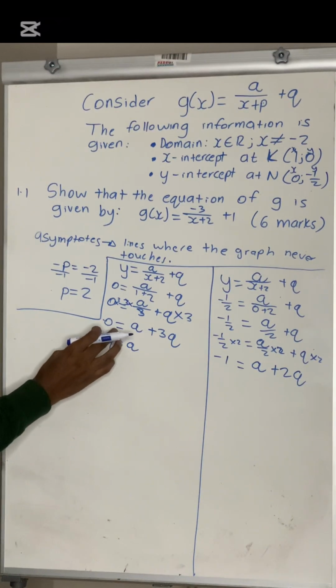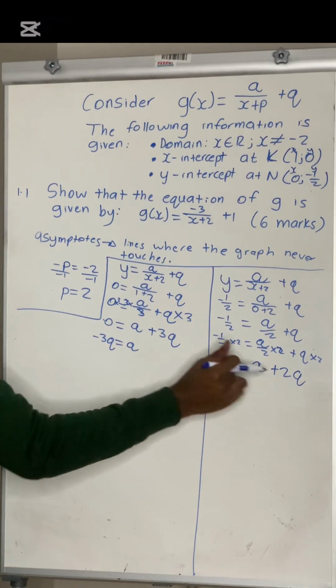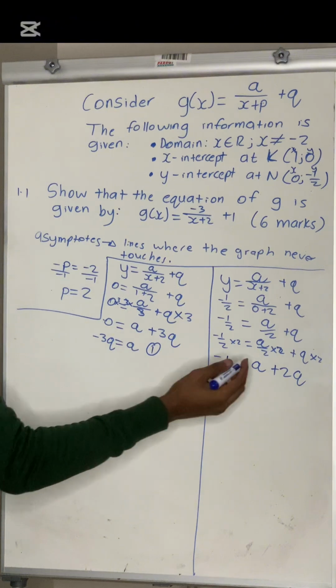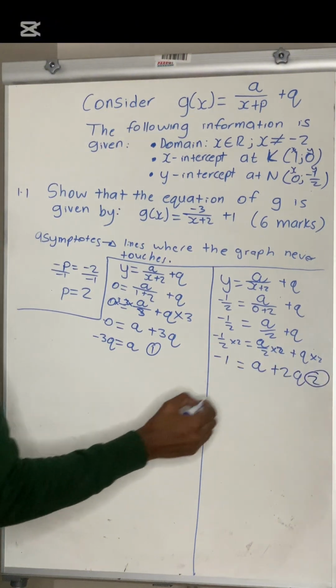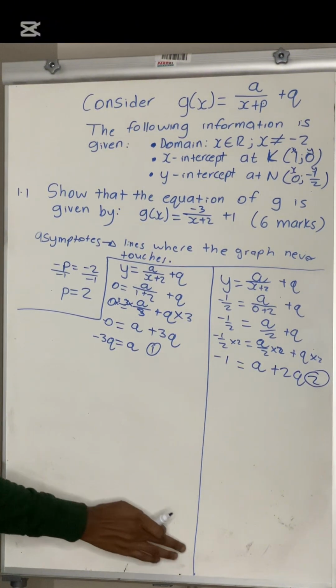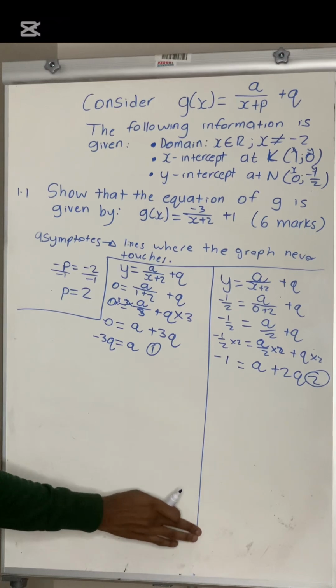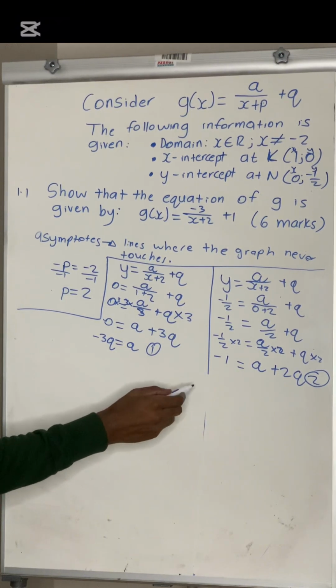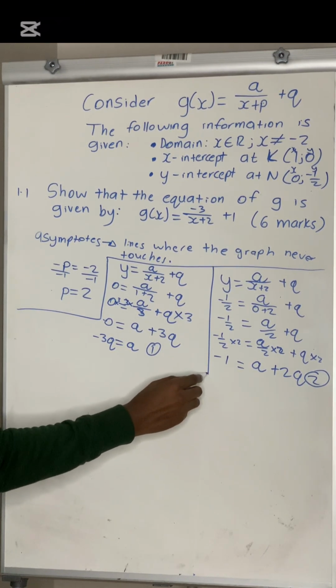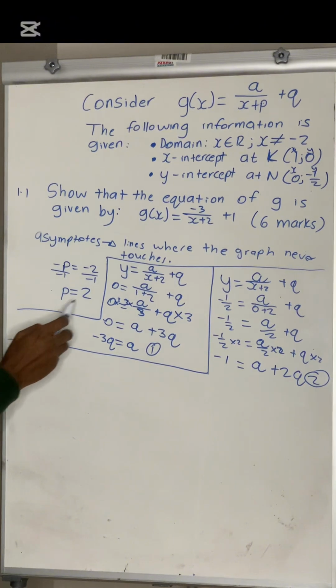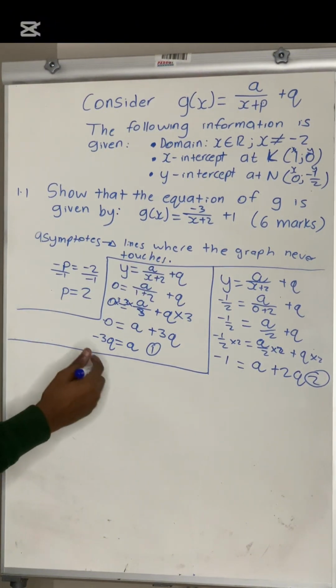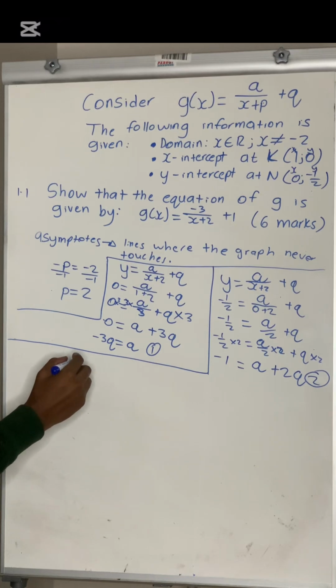So let's just simply substitute this into this equation. So we have this equation 1, this is equation 2. Let's now create equation 3. So remember guys, this is a 6-mark question, so we're going to do it step by step. Okay, so let's create equation 3.